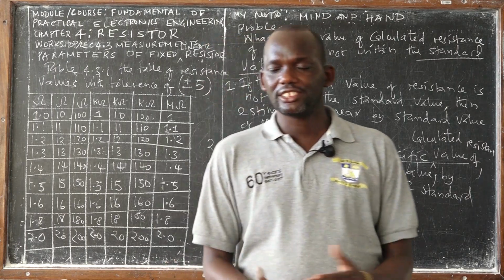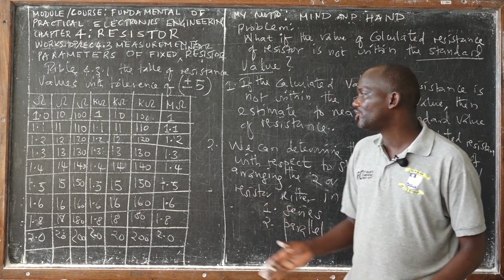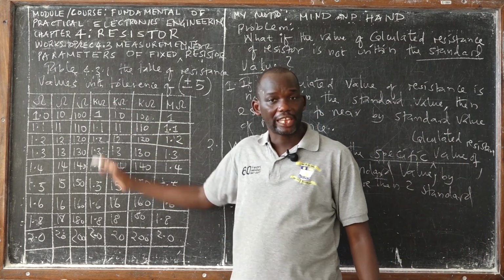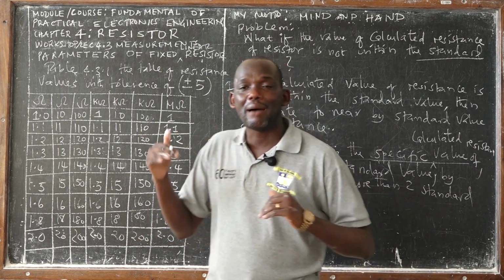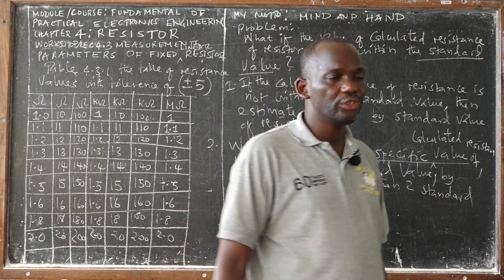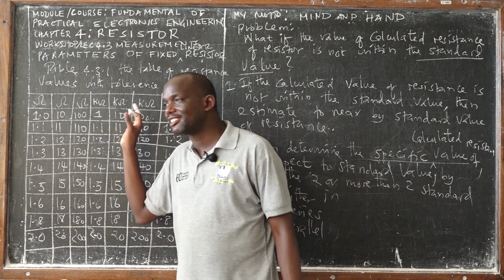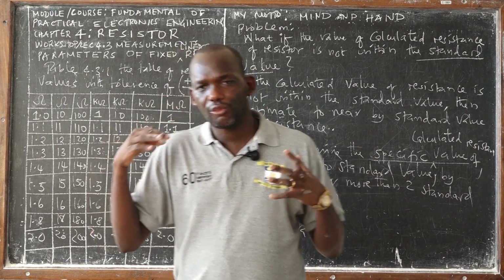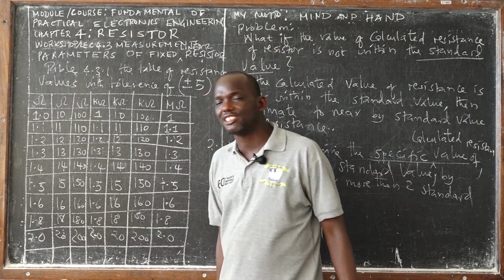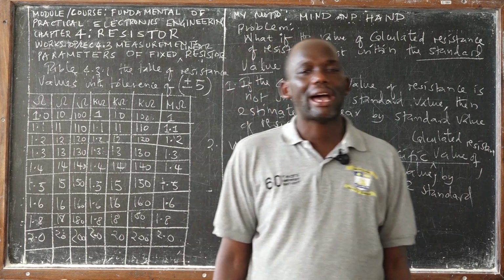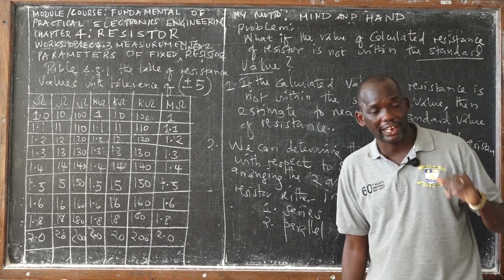Sometimes we may calculate the value of resistance and find that it's 8 kilo ohm, and 8 kilo ohm does not have a nearby standard resistor. What are you going to do? Simple: you determine the calculated value by arranging standard resistors in parallel or in series. That is one of the applications of arranging resistors in parallel or in series.